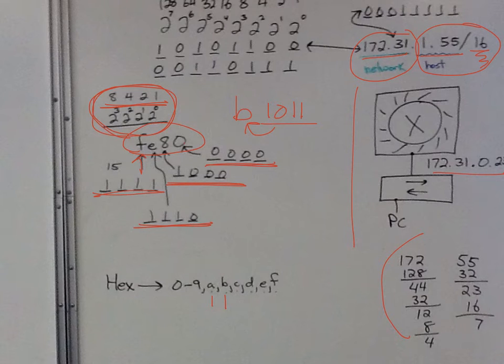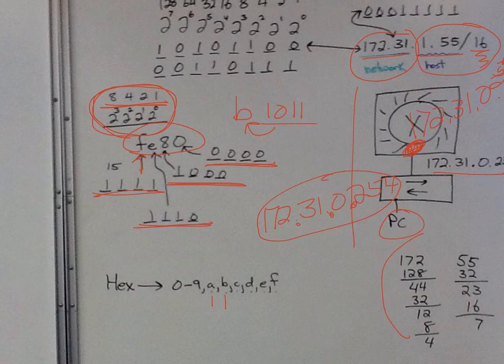You can't quite see that, but this PC has a default gateway, which is somewhere right inside that router. 172.31.0.254. I'll write that again. 172.31.0.254. An address in there, that's the default gateway here. That's the same, because that's the network part of the address.